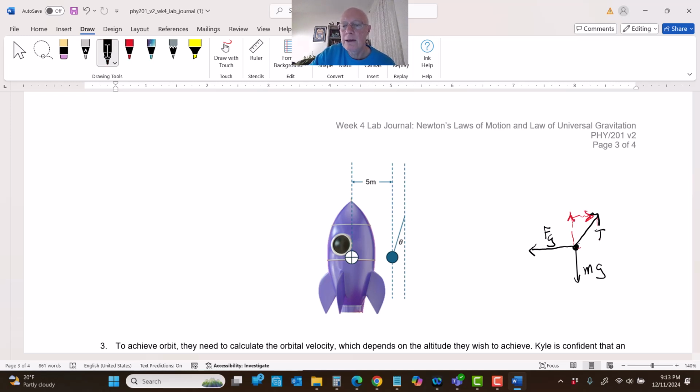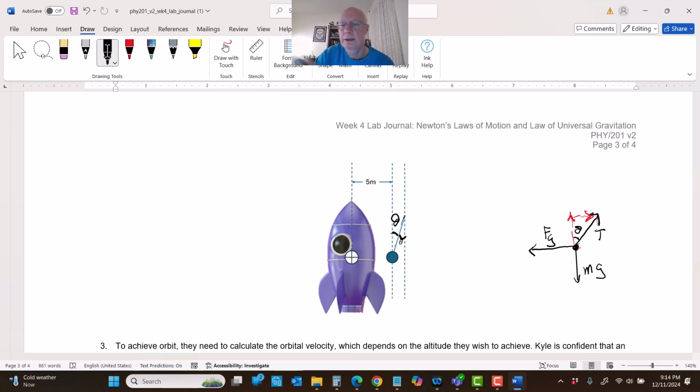Now, if I look at the angles, by similar angles, this angle here is also theta. See, I'm looking at this, and this angle here is theta, but that angle here is also theta.